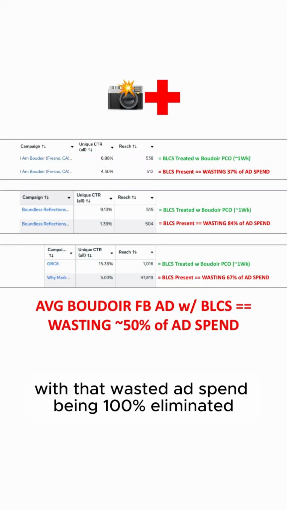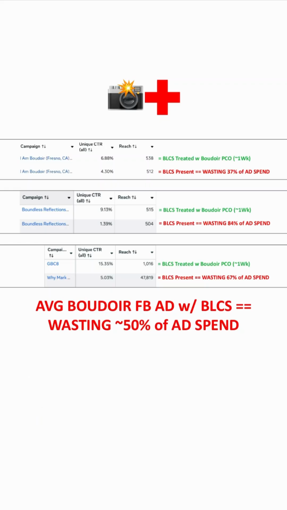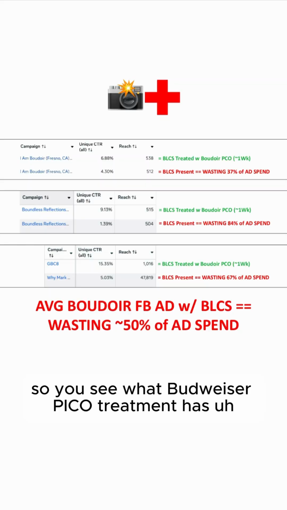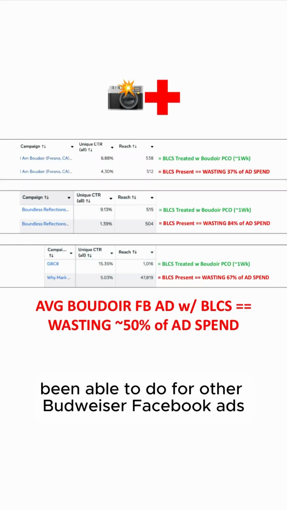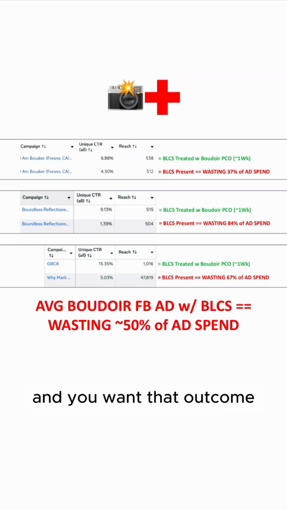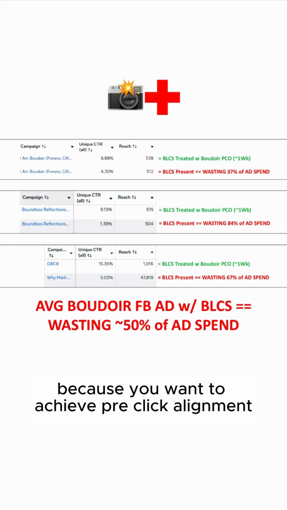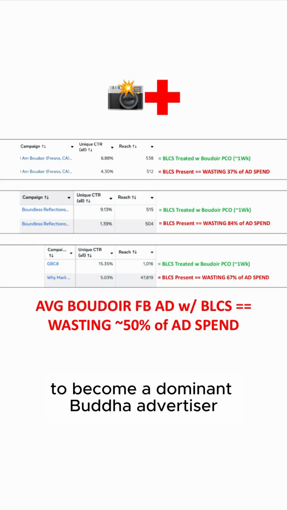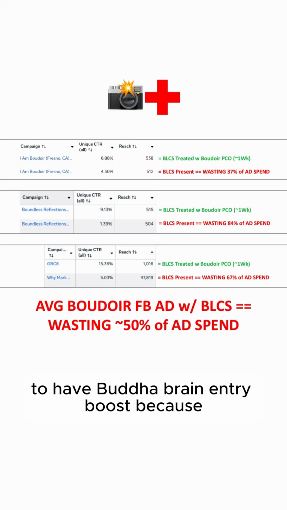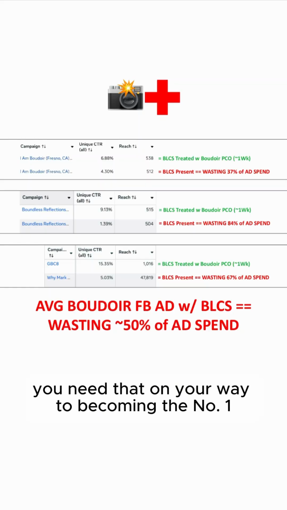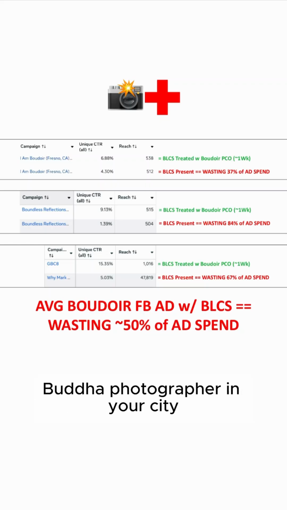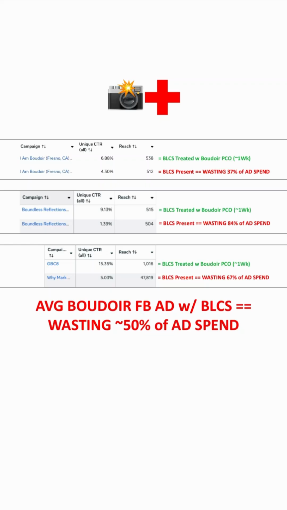With that wasted ad spend being 100% eliminated, you don't have to spend it, you keep it. So you're seeing what the Boudoir Pico treatment has been able to do for other boudoir Facebook ads, and you want that outcome because you want to achieve pre-click alignment, to become a dominant boudoir advertiser, to have boudoir brain entry boost, because you know you need that on your way to becoming the number one boudoir photographer in your city.